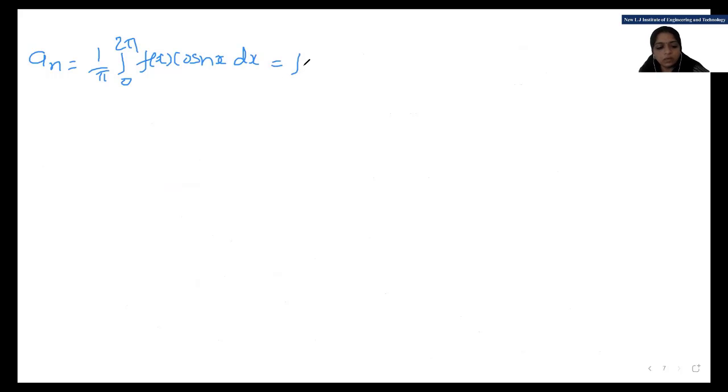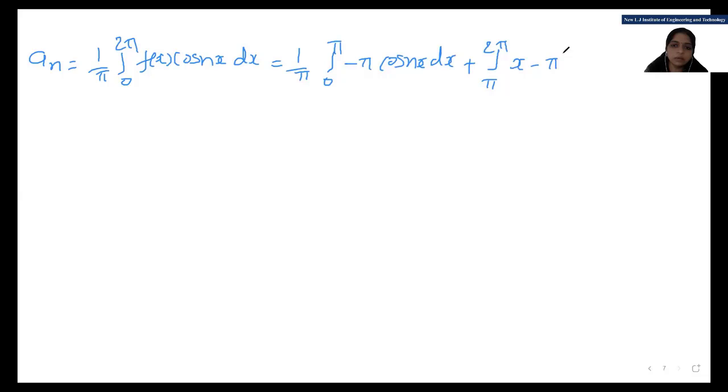Now 1 by pi, as we know, for 0 to pi the function is minus pi, so minus pi cos nx dx, plus pi to 2 pi, that is x minus pi cos nx dx.